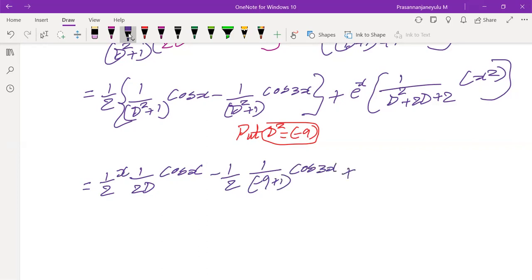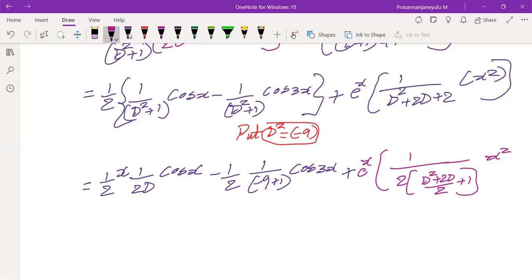Now on the second term, sorry, the last third term, e power x is there. We have to take the constant term common in the denominator, otherwise the least power of d. So 2 is the least, 2 into d power 0 is the least term which contains d. So d square plus 2d by 2 plus 1 of x square.